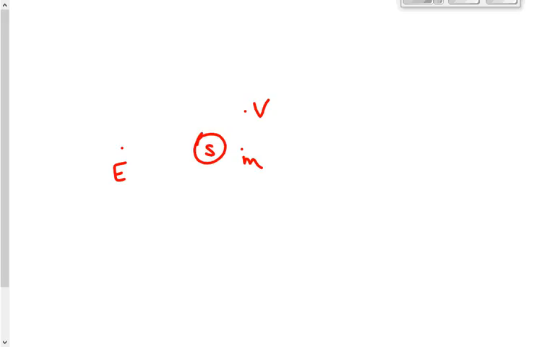And what you'll find is that the center of mass of the solar system is right there, because the sun is so big and so massive. It's not right in the middle of the sun, mostly because of Jupiter, because Jupiter's pretty big.